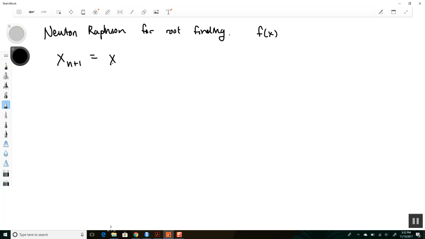Okay, so we have Newton-Raphson. All right, so Newton-Raphson for root finding, how did that work? So if you had some function f of x, the algorithm was the next iteration, you take your current iteration xn, and then what do we subtract?